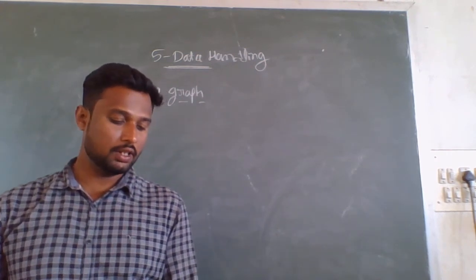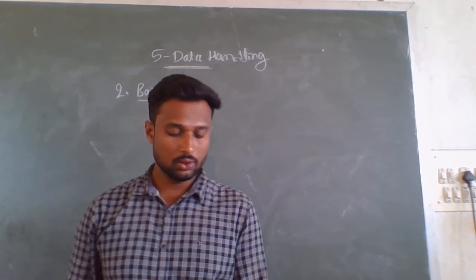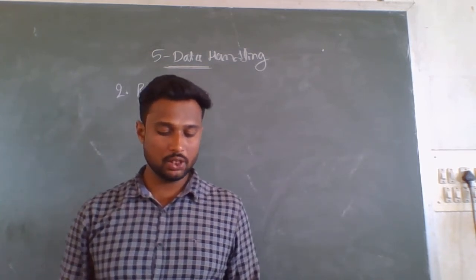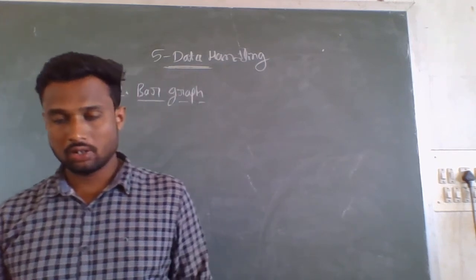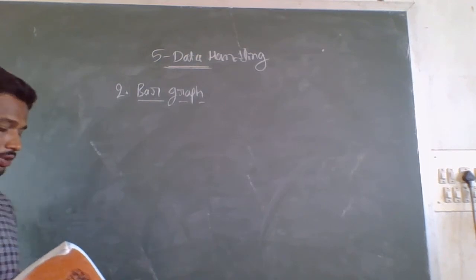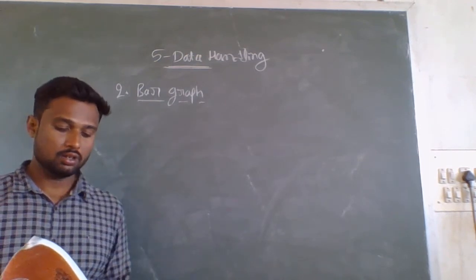Bar graph means a display of information using bars of uniform width, their heights being proportional to the respective values. So with the respective values, we will represent the bars.